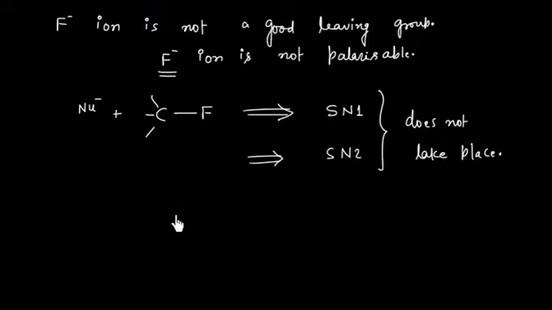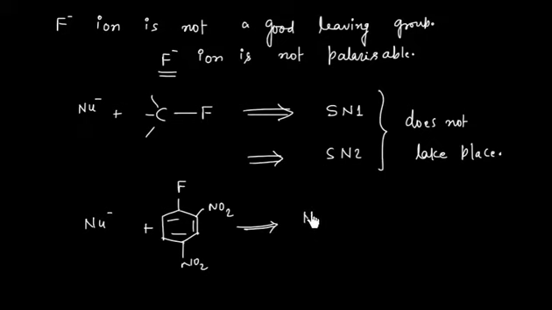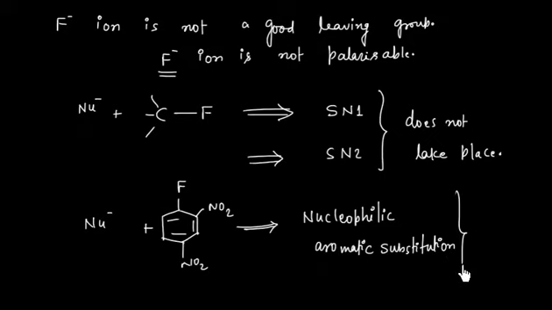But if this fluoride ion is on the benzene ring, that is 2,4-dinitrophenyl, so 2,4-dinitrofluorobenzene, and if this time we have a nucleophile, that is nucleophilic aromatic substitution reaction, now this reaction takes place. And the question is why this takes place.